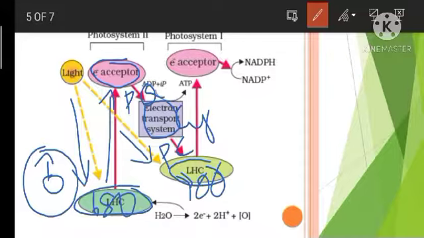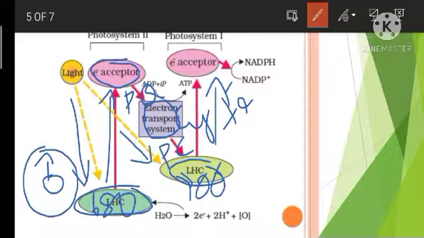When it is excited, again it will be moving away from the atomic nucleus, and it will be picked up by the electron acceptor. Then it will be passed on to the next electron carrier called ferredoxin. It will receive it, and then that electron will be given to NADP.